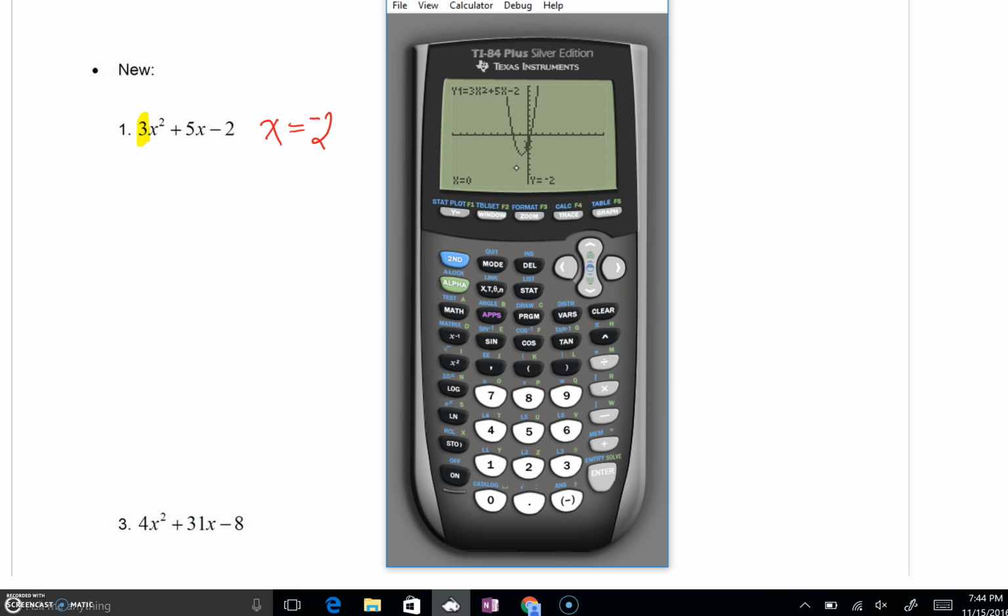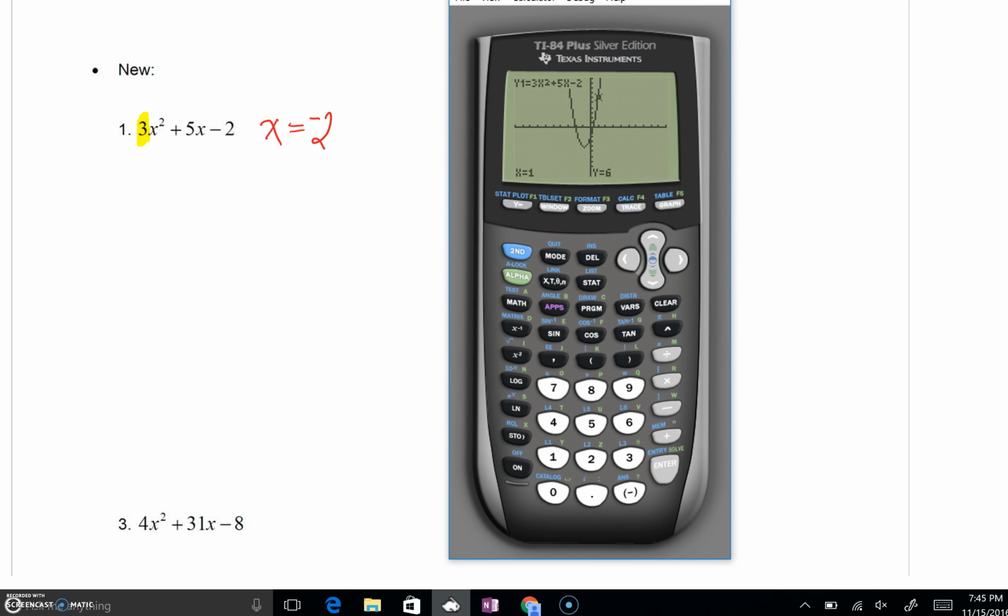Your y value is not going to equal 0. You might wonder, what if x were to equal 1? Actually, that's going to be higher up. Now, if you look closely, it sure looks like our curve is going to cross between x equals 0 and x equals 1. So just trying to visually guess here hasn't been very successful.